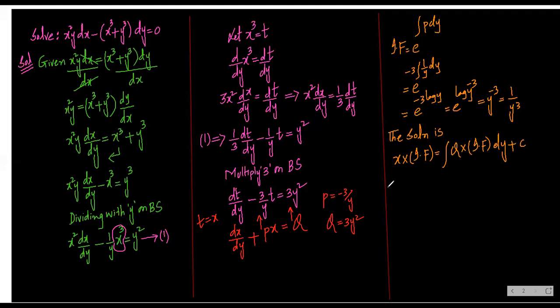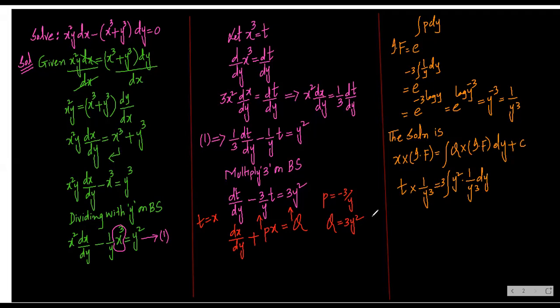But x is working as t here, so t into integrating factor, 1 by y cube, is equal to integral q value. Q value is 3y square, so better to take 3 outside. Y square, integrating factor is 1 by y cube, into dy.